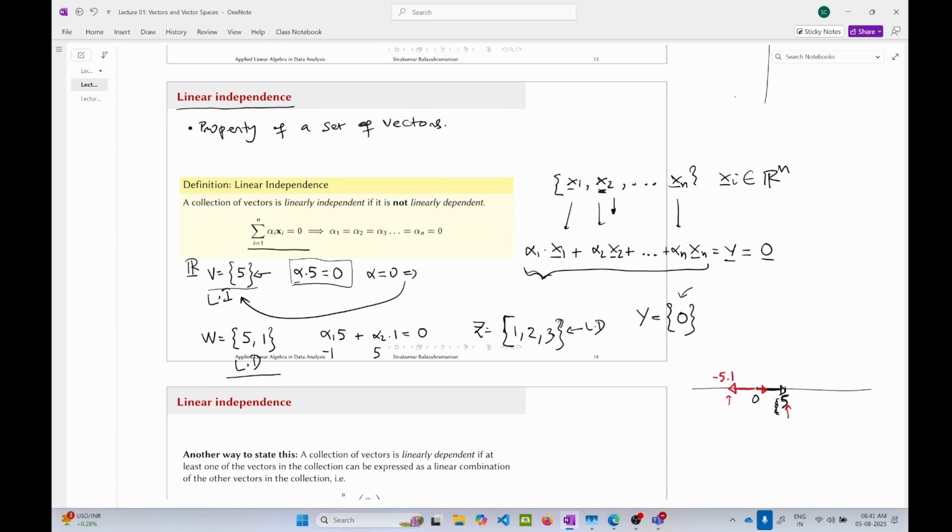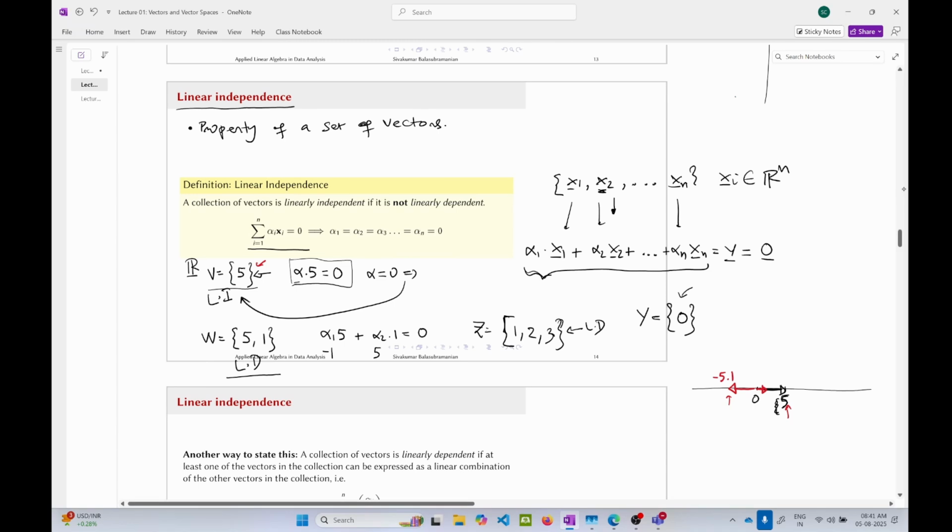That means I could produce a 0 vector without switching everything to 0. So in the real line, whenever I had more than one vector from the real line, there is always a non-trivial way of producing 0 without squishing everything to 0. If I only had one non-zero element, like in the first case, like 5, the only way I could produce a 0 vector is by squishing it to 0.